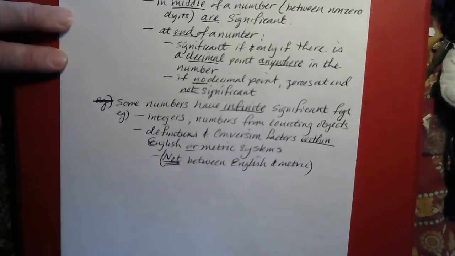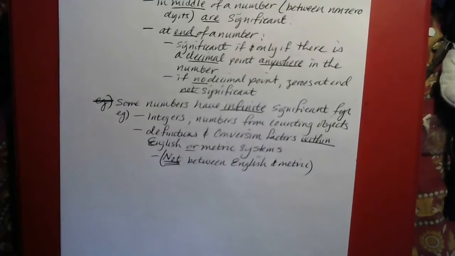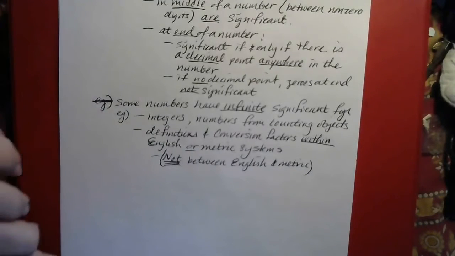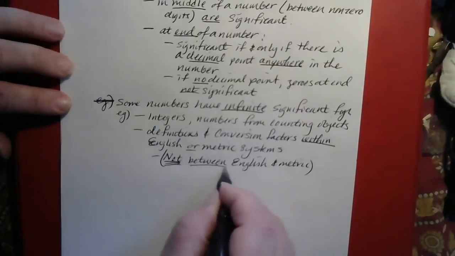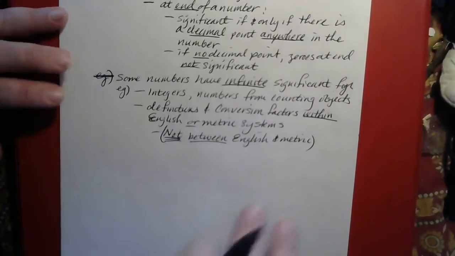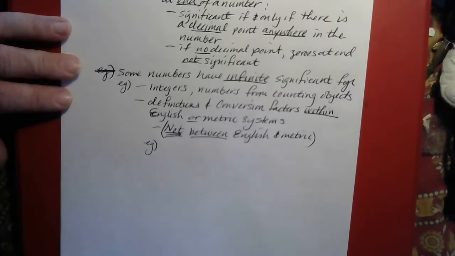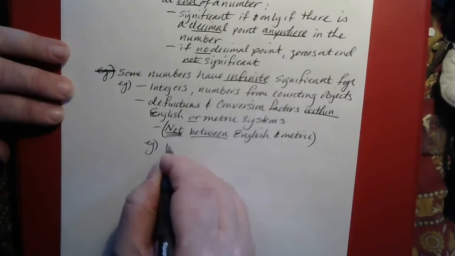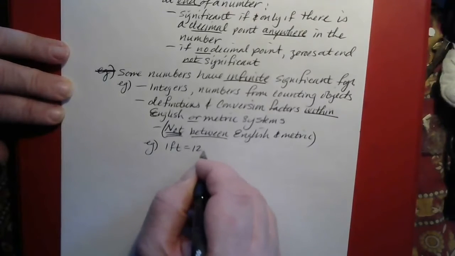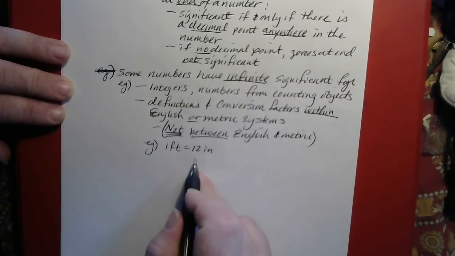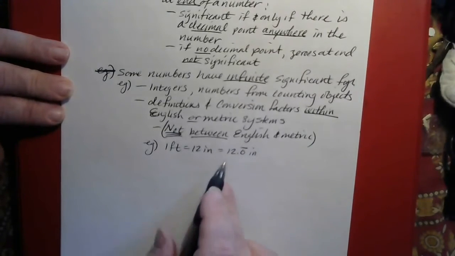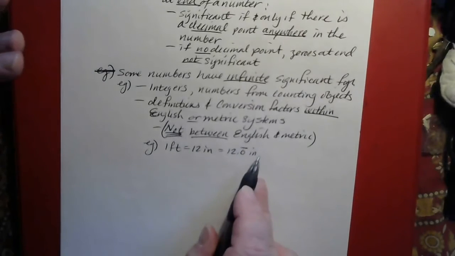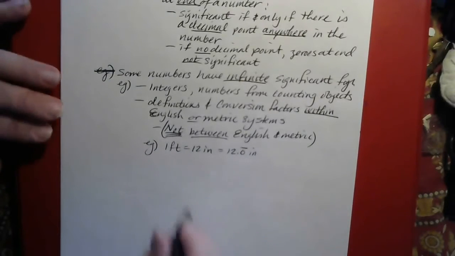It's important to remember, though, that conversion factors between English and metric systems are rounded off, and those are not exact numbers. But within the English system and within the metric system, conversion factors are infinitely known. For example, when we say 1 foot is equal to 12 inches, that 12 would be considered exactly 12 inches, no more, no less.